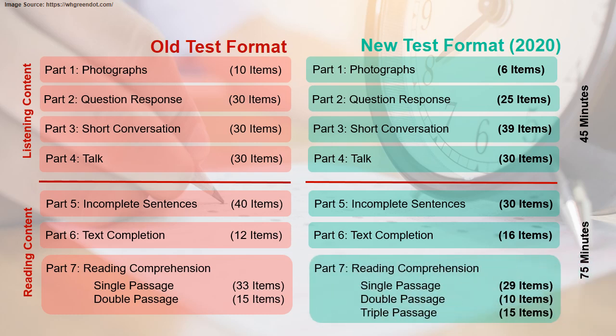For single passage, normally there were 33 items, but now we have 29 items. For double passage, there used to be 15 items, but now we have 10 items. And the major change here is the triple text. So there will be 3 texts here, maybe an advertisement, an email, and a response, something like that. That will take 75 minutes.